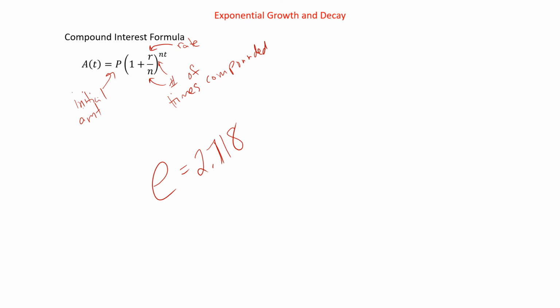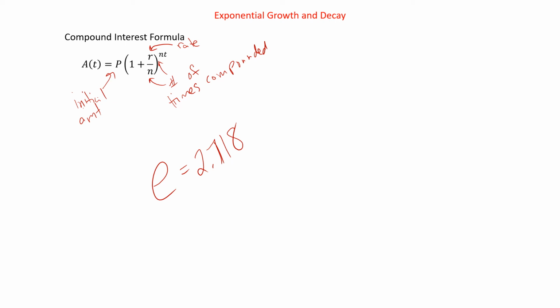E is my second favorite irrational number. Pi is a distant third at best. But we get this E value, and it comes from taking the n of the compound interest formula and making it bigger and bigger and bigger. What happens is we find that it has an asymptote, and that asymptote is E.